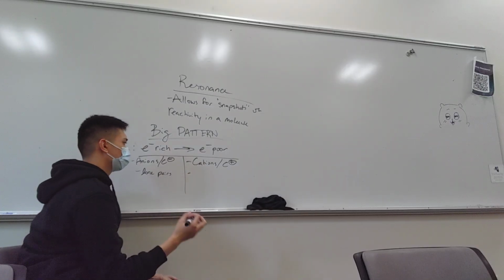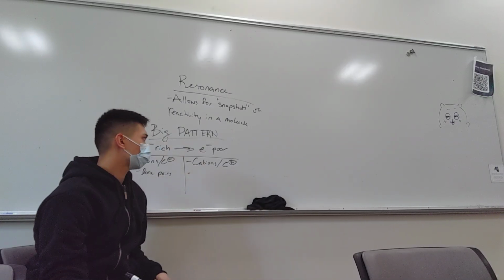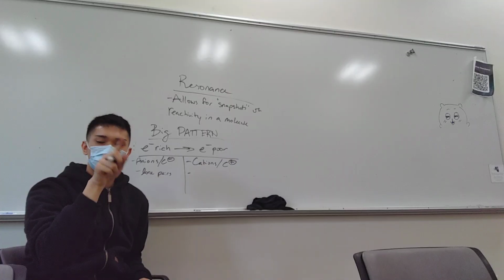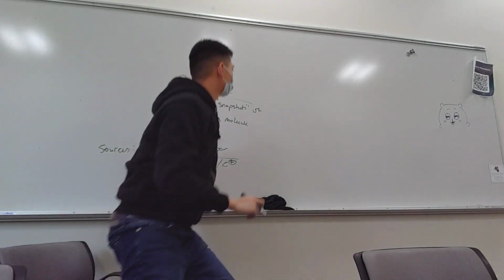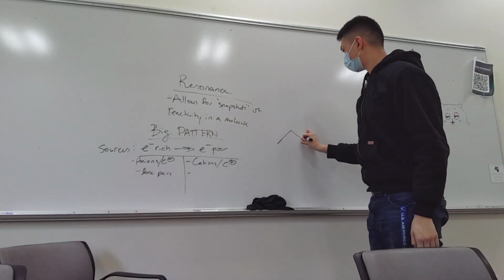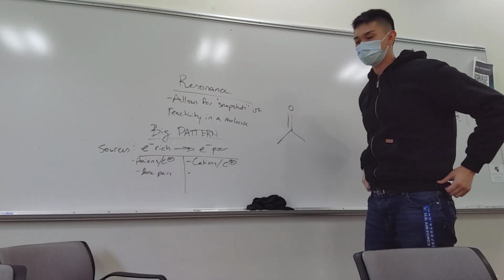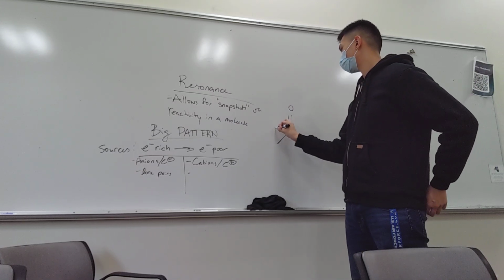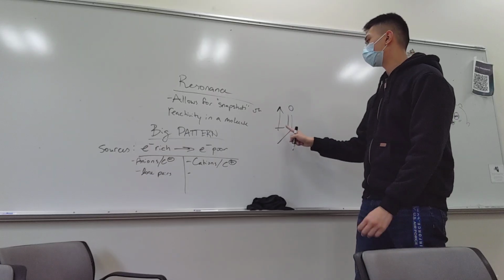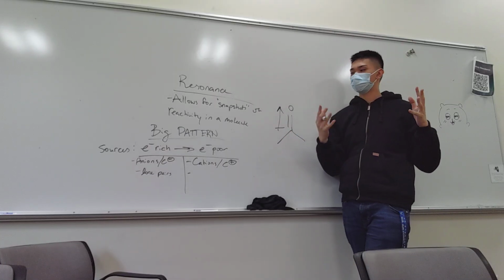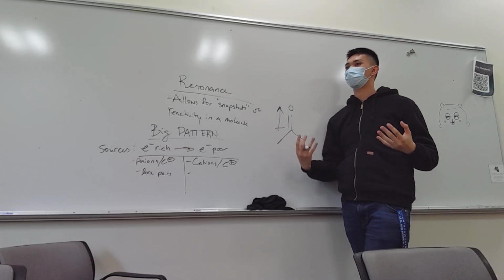But what's also not obvious is partial charges. We talked about that ketone, that C double bond O. Remember that oxygen is electronegative, right? Because it's right next to fluorine on the periodic table. So the dipole goes up. Oxygen is greedy. The oxygen wants more electrons.